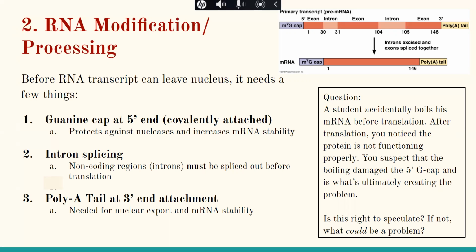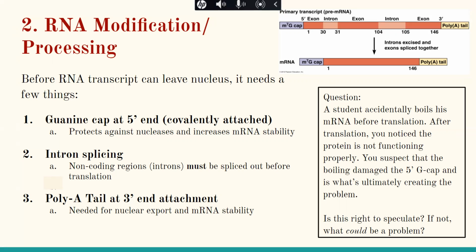The attachment of these caps at the 5' and 3' ends is essentially to increase stability. Obviously the mRNA needs to travel from the nucleus into the cytosol. One way to keep that RNA stable is to add these two caps. So these caps are just responsible for adding stability to your transcript.